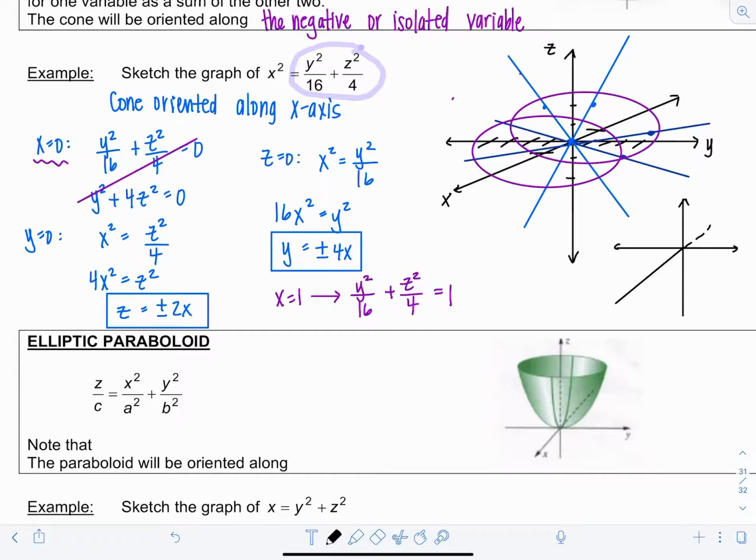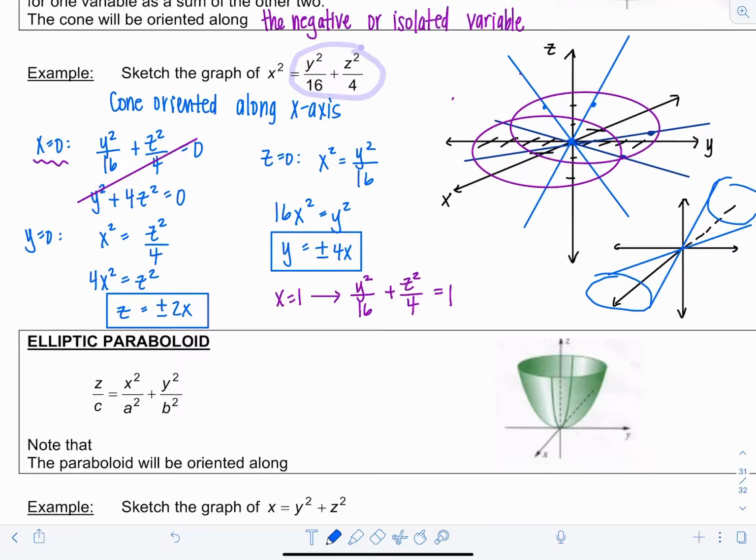It'll work out nicely if you don't have constants like 16 in the equation. But basically you're going to have a line here, a line here, and then you're going to have this series of ellipses that make your cone. Okay, that's the main idea. So put that graph together how you need to, but recognizing the form is the most important part.